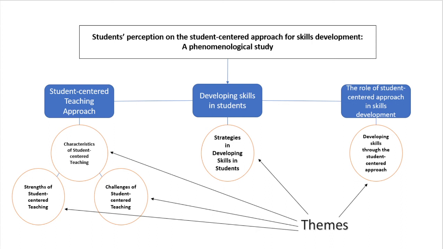As you can see, the developing skills in students element has 1 theme, which is the strategies in developing skills in students. Can we add more? Probably. Can we stick with just that? Sure. But the most important thing to remember is that whatever information you place under these themes, these are also the kinds of information that may help you to discuss the results once you have gathered your data in the later chapters of your study.